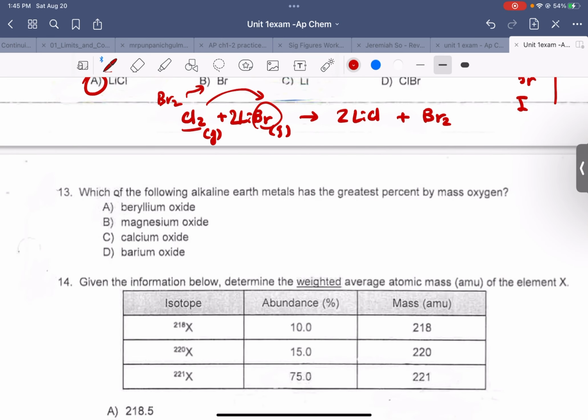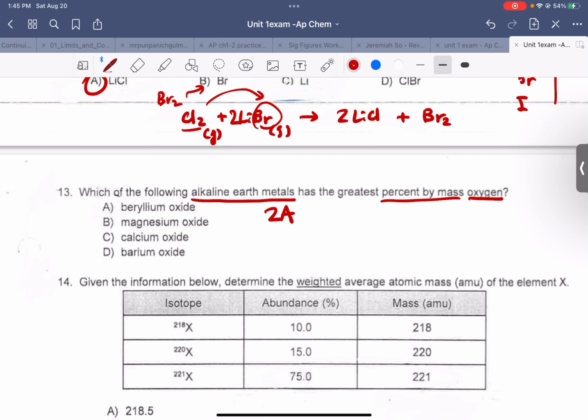Number 13, which of the following alkaline earth metal oxides has the greatest percent by mass oxygen? What is alkaline earth metal? That's group 2, so 2A. So that's the alkaline earth metal. 1A is alkali metal. So let's see which one has the greatest percent mass of oxygen.